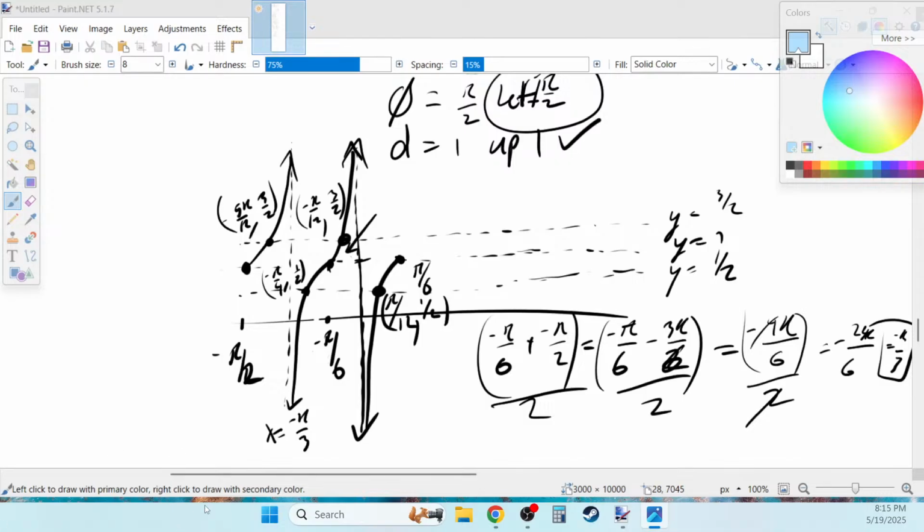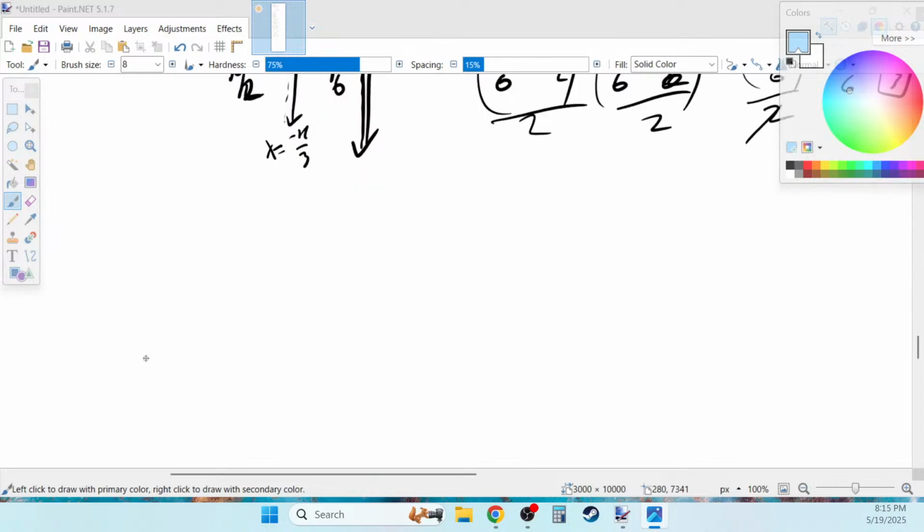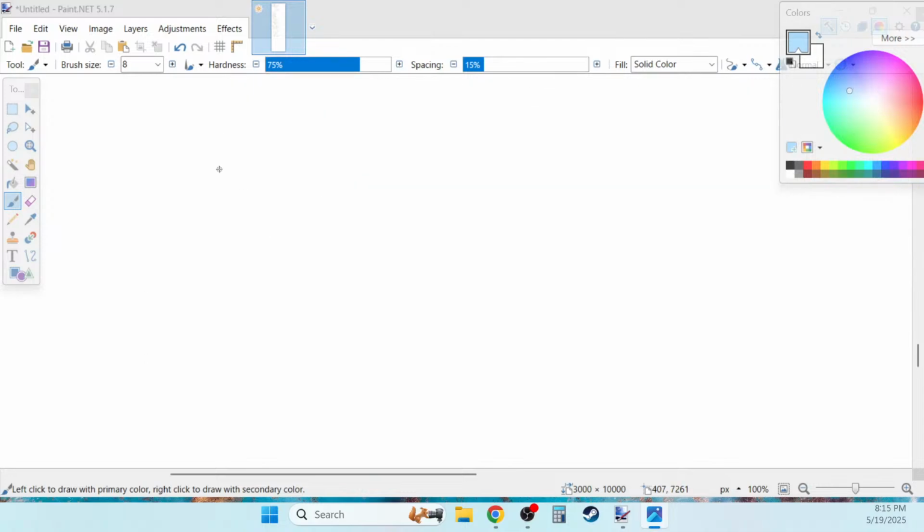So here's the problem. Oh, okay. There's no description. It just says 24. Let's change to black on that. 24 is y equals 2 secant of pi over 4 x plus 1.